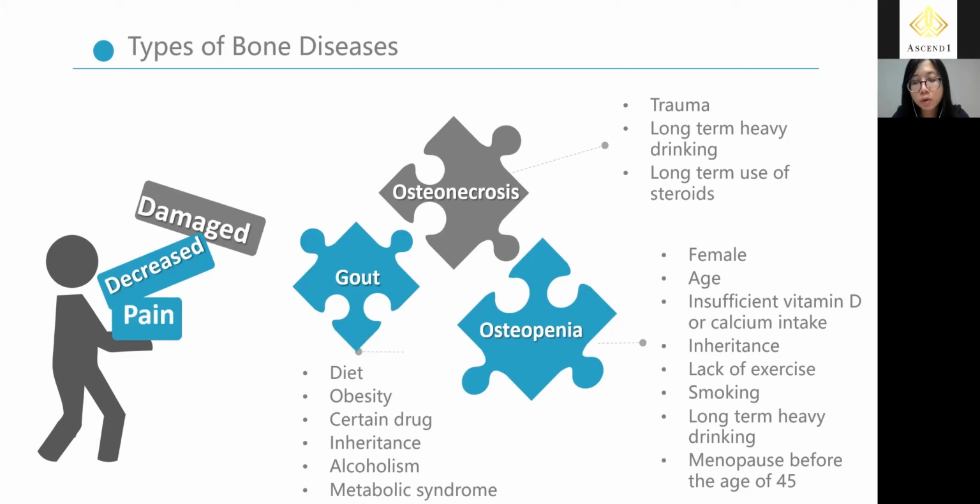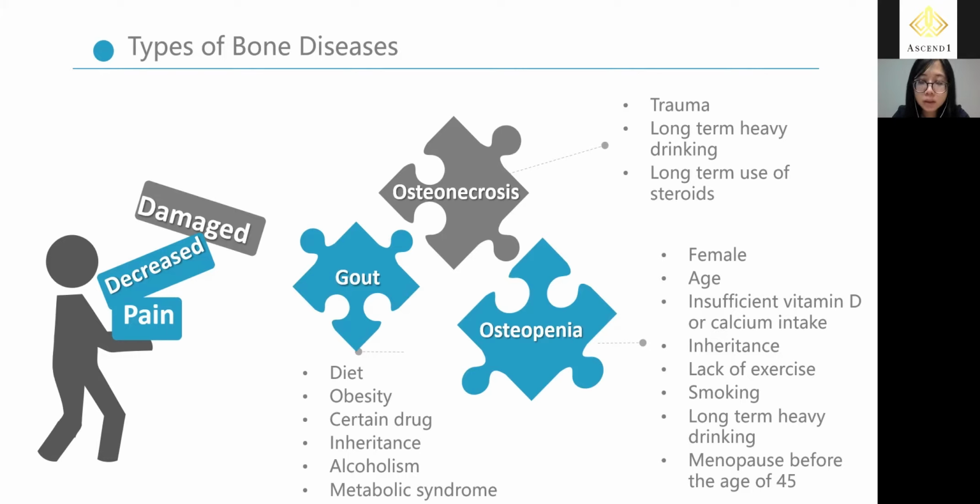And the last one is osteopenia. Same again, women are more prone to develop osteopenia, and then those of Asian and Caucasian descent are at a higher risk of osteopenia as well. And then those who are over 50 years old, or women who are already menopausal, or developed menopause before 45 years old, can have osteopenia as well.